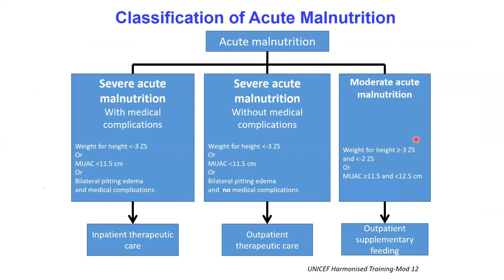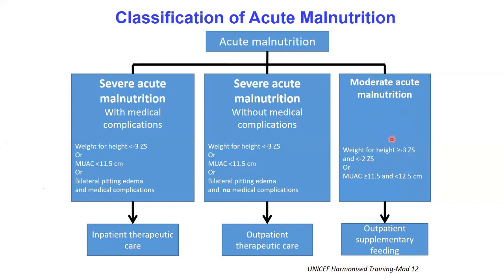Moderate malnutrition is any child whose weight for height or weight for length Z score is between -2 and -3, or whose mid-upper arm circumference is between 11.5 and 12.5 centimeters. Those are children with moderate malnutrition.